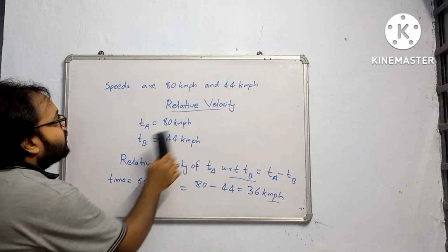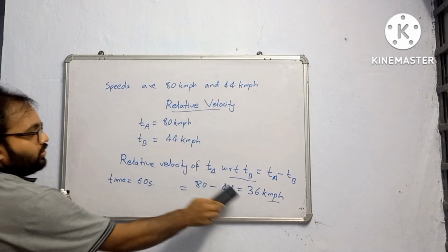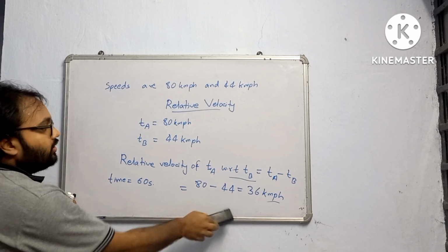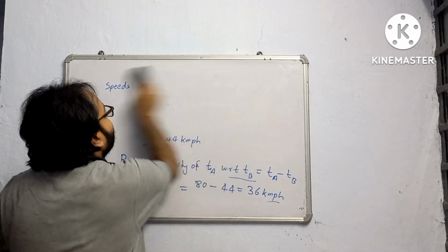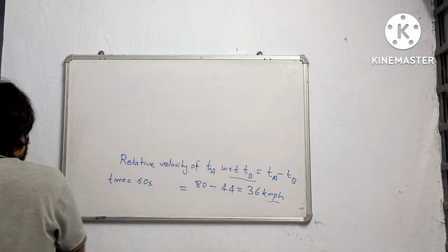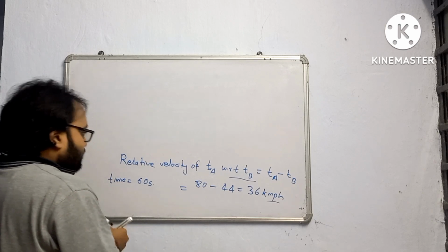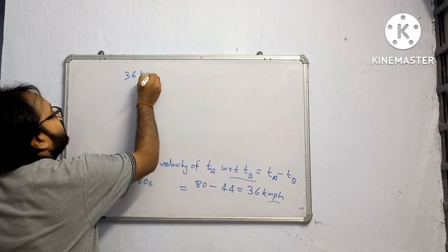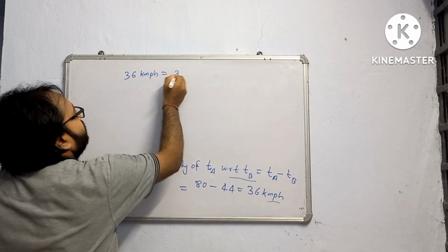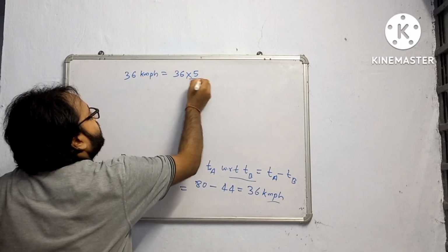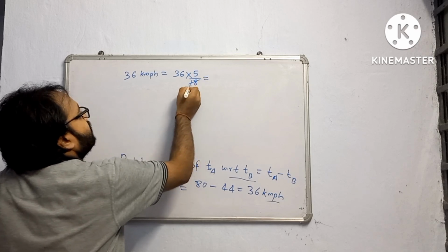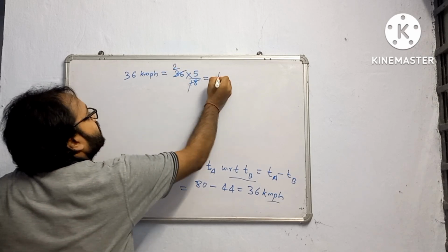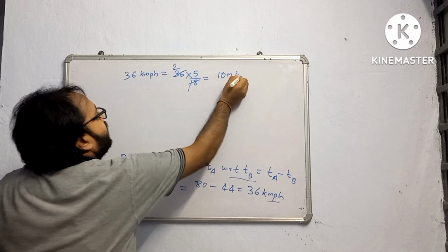So distance, I am erasing this relative velocity concept. I have taken relative velocity as 36 km per hour. 36 km per hour is equal to meter per second if you convert by 5 by 18, that is equal to 18 ones are 18, twos are 10 meter per second.